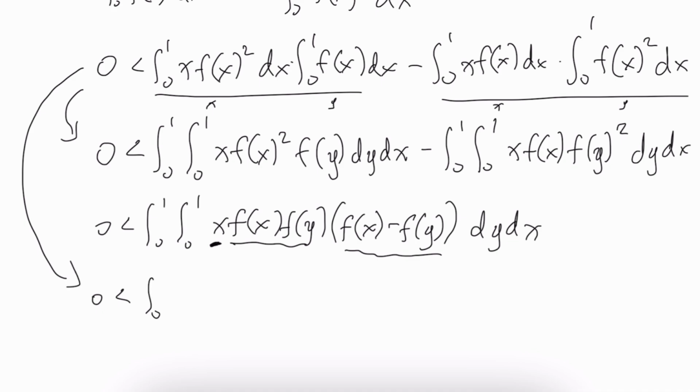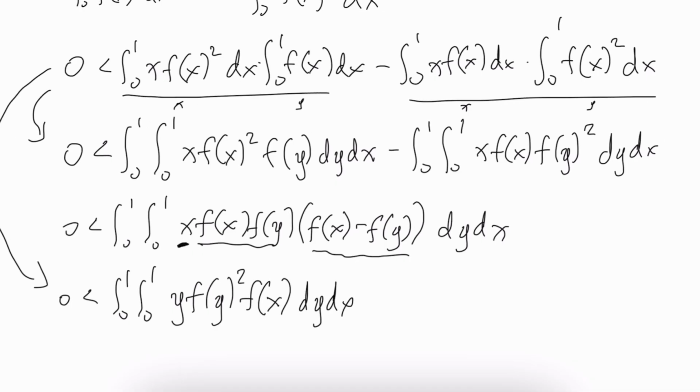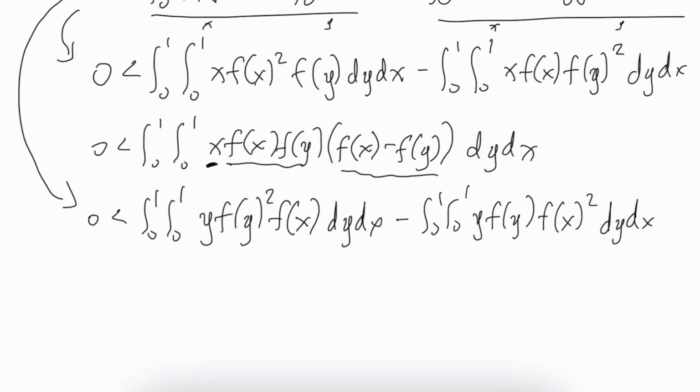So instead we'll have the double integral from 0 to 1 of y times f of y squared times f of x dy dx minus, again, the double integral of y f of y times f of x squared dy dx.